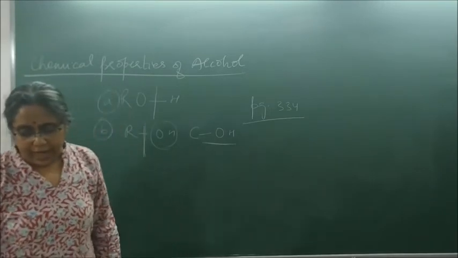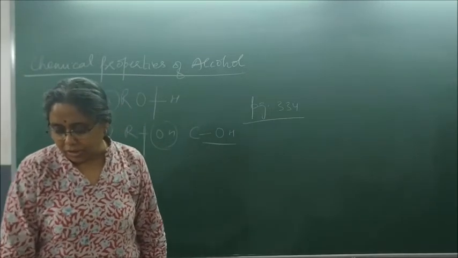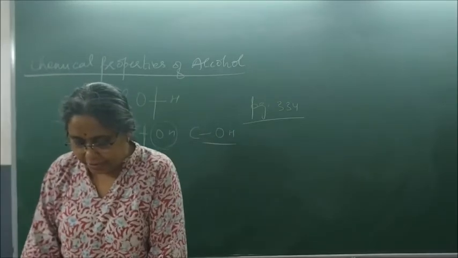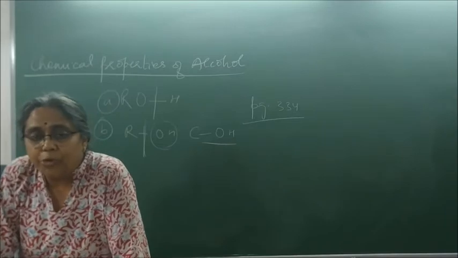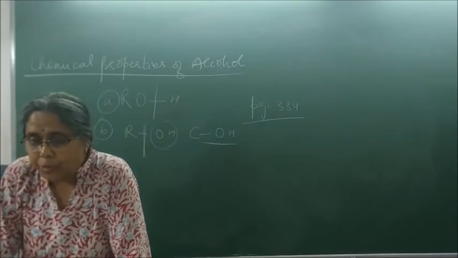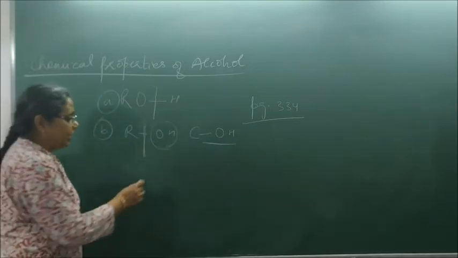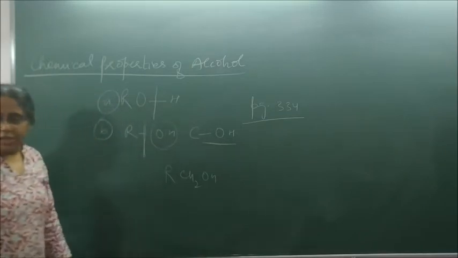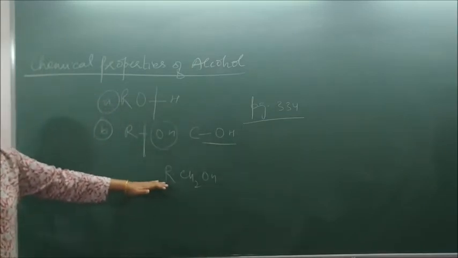If I take alcohols as electrophile, you can see the second reaction. All protonated alcohols act as electrophiles. What do you mean by protonated alcohol? If I write RCH2OH, this is a simple primary alcohol.